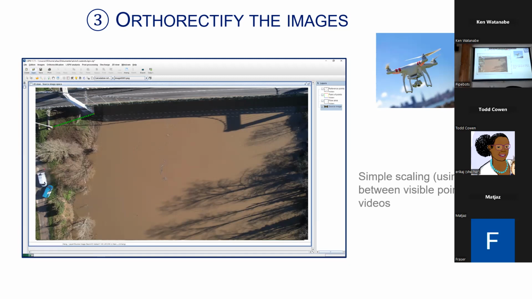But if objects like those vehicles are right at the edge, it would introduce some bias compared to if they were in the center of the image, because it's further from the camera, so the pixel dimensions on them. Now, if you have no lens distortion in the image, and you have to check that because lens distortion can be a problem, but on most cameras you can correct that.